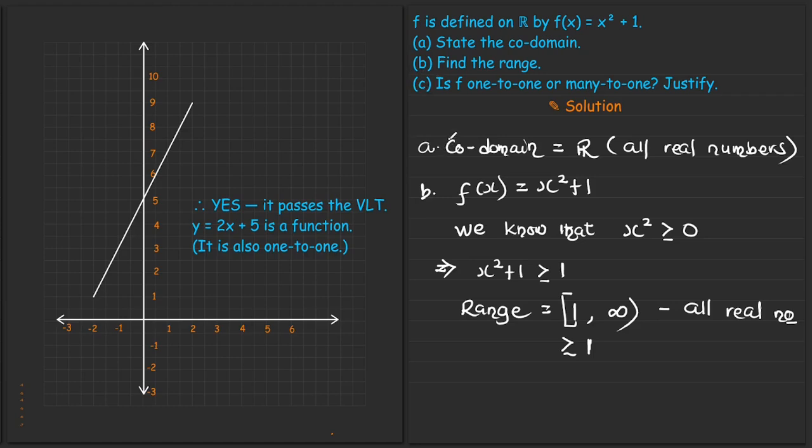C says is f 1 to 1 or many to 1, and we have to justify. Now for this type of question, all you need is to find one proof that it is either 1 to 1 or many to 1. We know the squares of numbers are always positive, whether the number is negative or positive.